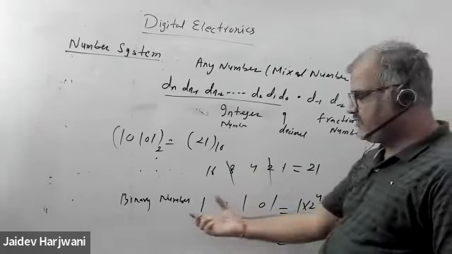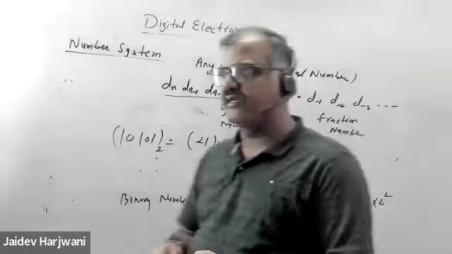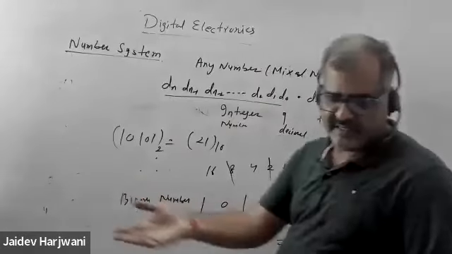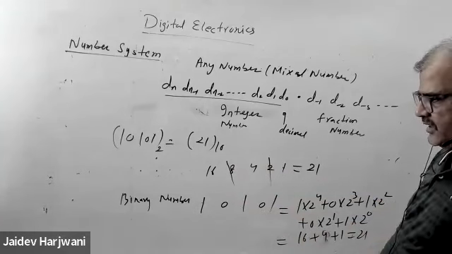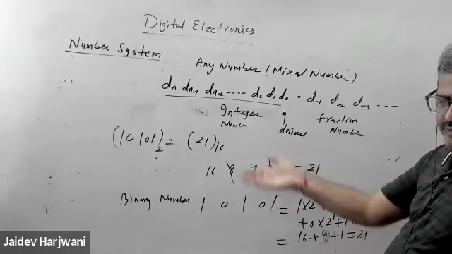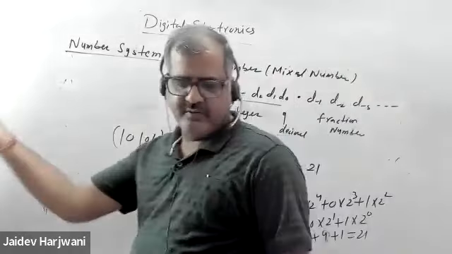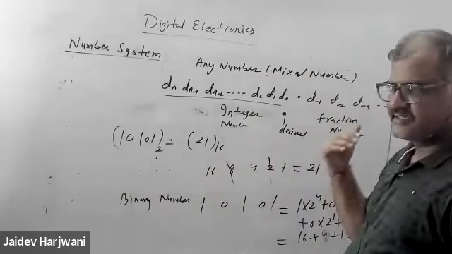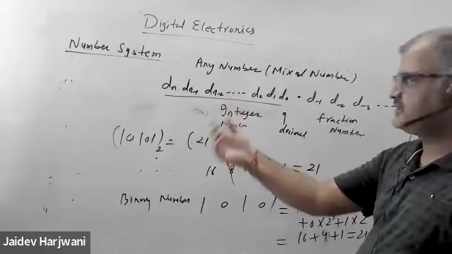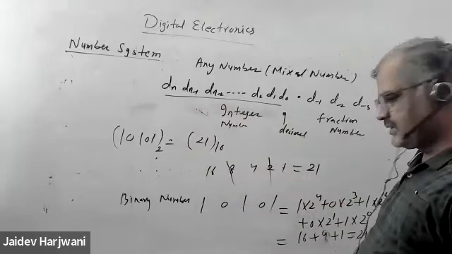Similarly, if there's a hexadecimal number and you want to convert it to decimal, you have to multiply each digit by its positional weight. Like here it is 2 power 0, 2 power 1. In octal that will be 8 power 0, 8 power 1, 8 power 2, and in hexadecimal the same thing: 16 power 0, 16 power 1, 16 power 2. So you can convert any number to the decimal number system this way.